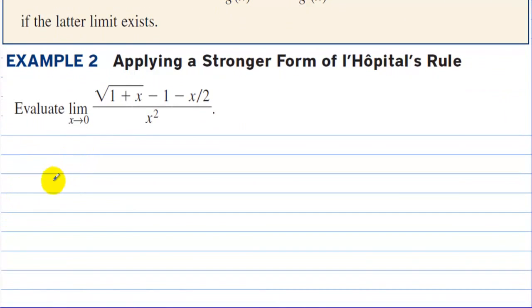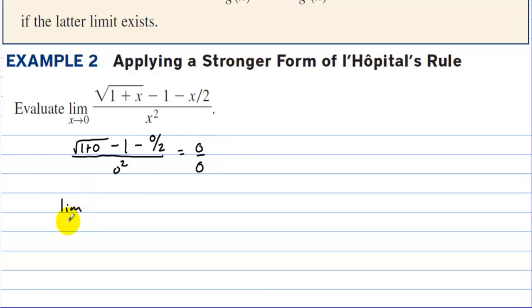Applying a stronger form of L'Hopital's rule. When we plug in 0, we get to see that we actually do get an indeterminate form. We have 0 over 2 over 0 squared. This part will be 1 minus 1, that's 0, minus 0 over 0, so we get an indeterminate form, meaning the limit still could exist.